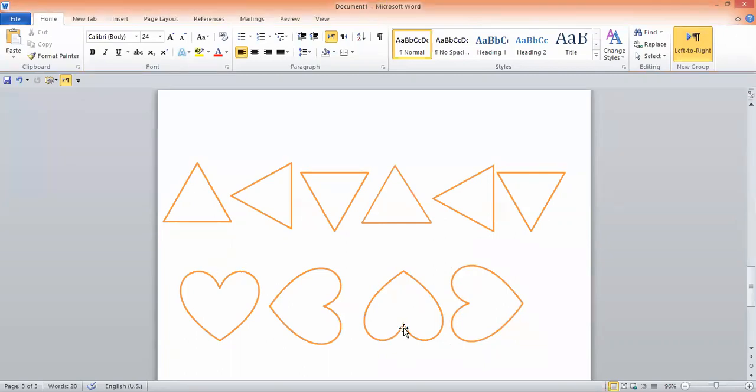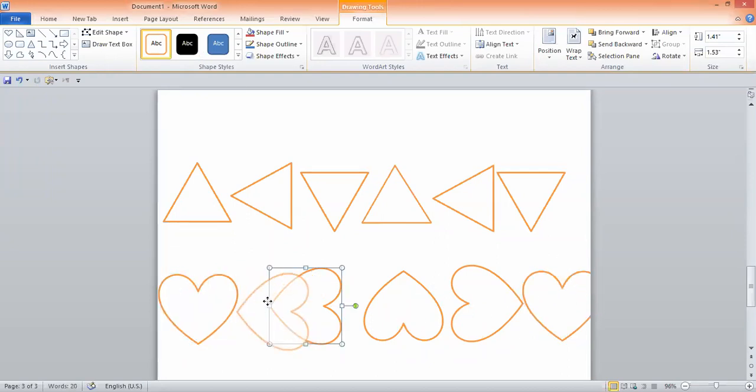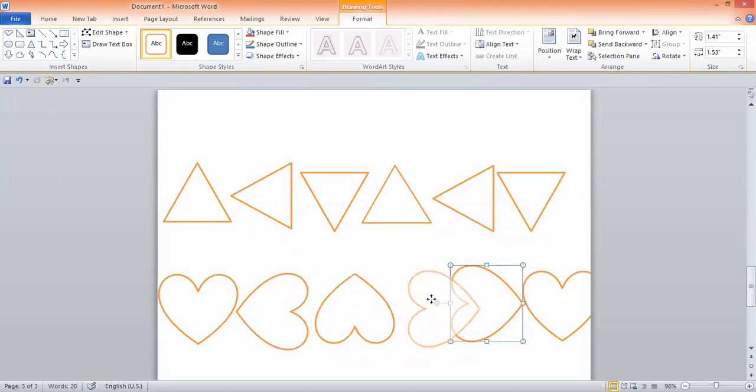One, two, and three, and again the fourth will be the same. So this is shape one, moved one time, two time, three time, four time.